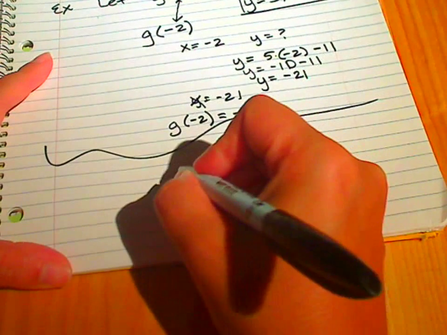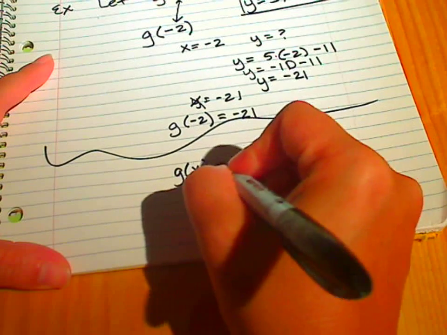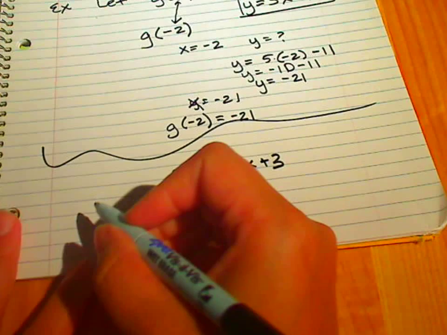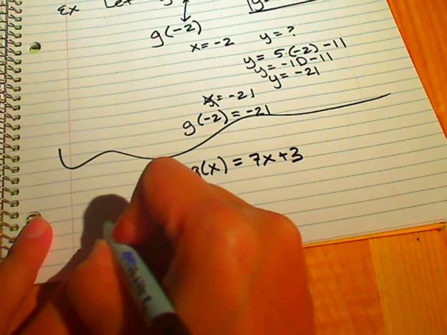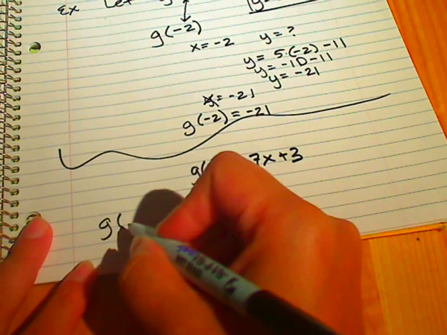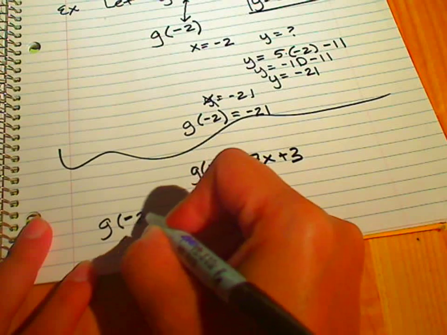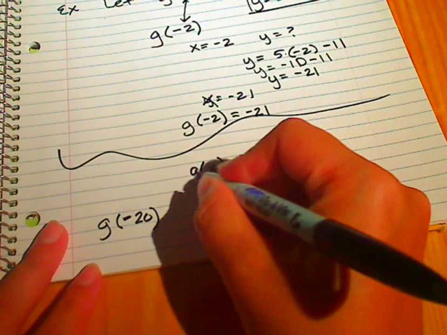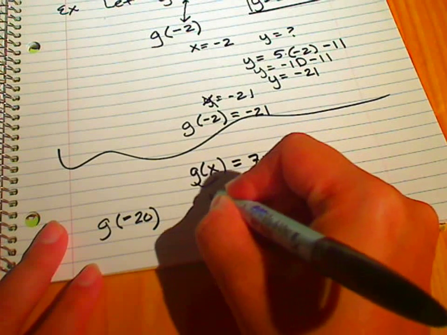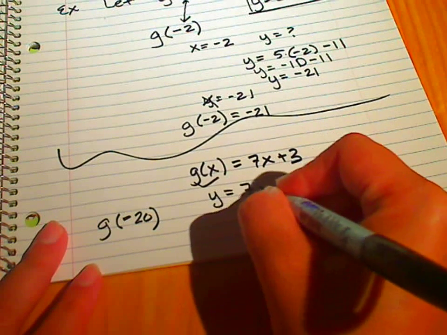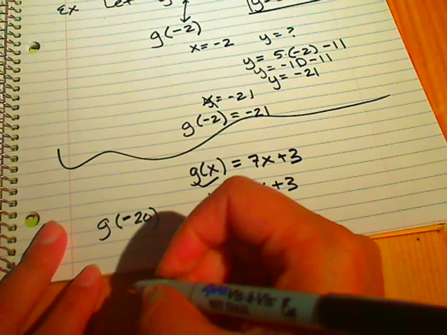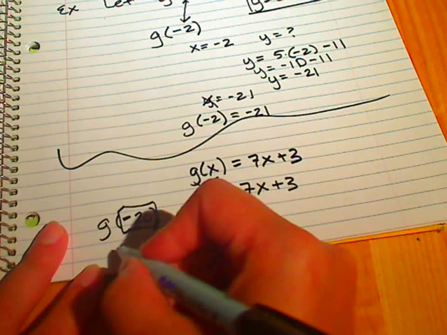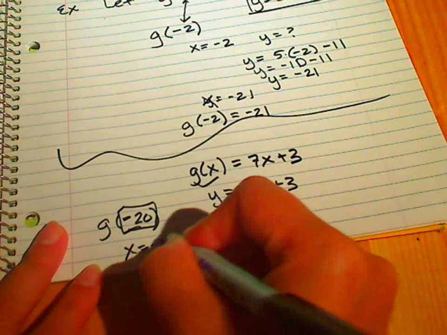So again, if I have the same function, 7x plus 3, and I said find the function g of negative 20. They don't have to be negatives, but this is what I'm coming up with. First thing I could do is just change this to a y, because it just means y equals 7x plus 3. I have this number right here to plug in. This was the x, so x equals negative 20.